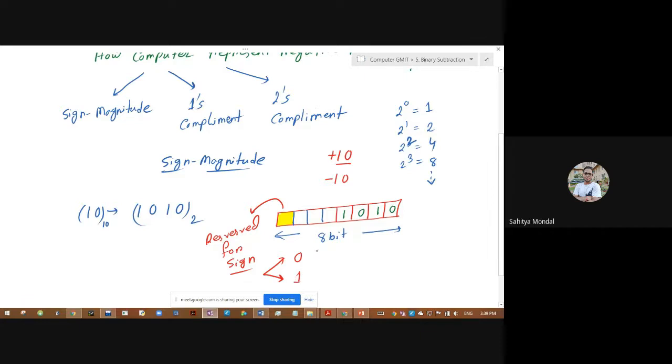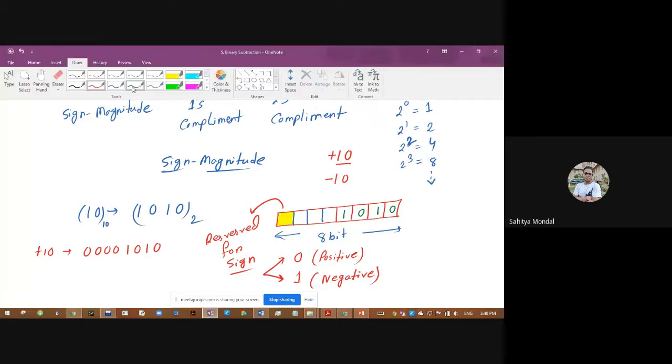If it is filled with 0, the computer will assume it is a positive number. And if the yellow bit is 1, it will be a negative number. If we want to represent plus 10, we write four zeros, then 1010, because we cannot use 5 bits; the computer only supports sizes in 2 to the power n.